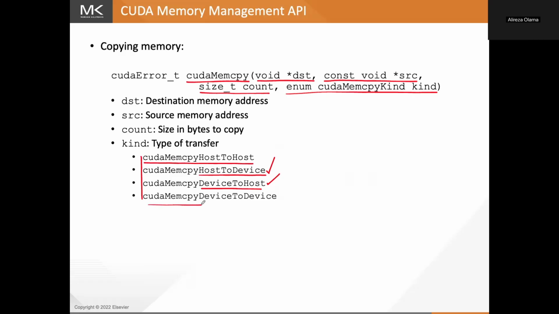And then device to device, if you want to copy data from GPU to GPU, right? So you allocate memory using cudaMalloc, you deallocate memory using cudaFree, and you transfer data using cudaMemcpy.